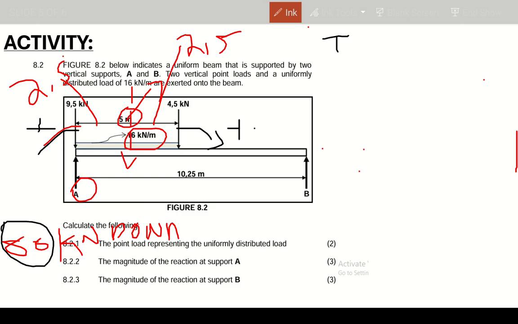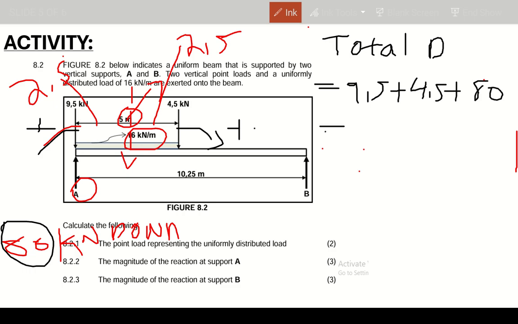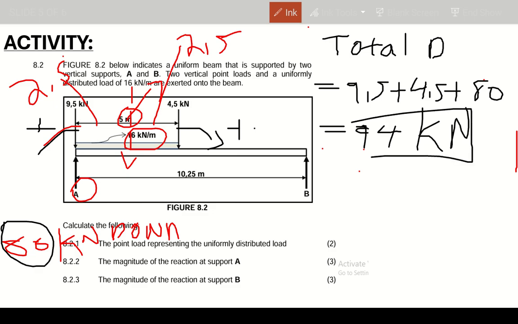So the total downwards is equal to 9.5 plus 4.5 plus 80, which gives you 94 kilonewtons. So you know this one.